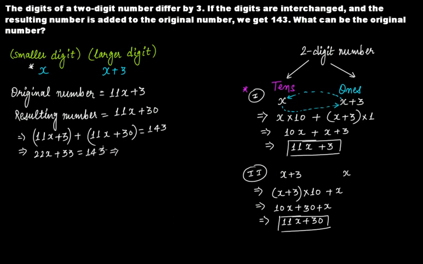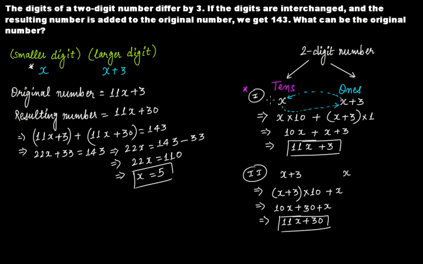If you further solve it, you get 22x. Transposing 33 to the right hand side, you get 143 minus 33. So you get 22x as 110. If you divide both the sides by 22, you get x as 5.